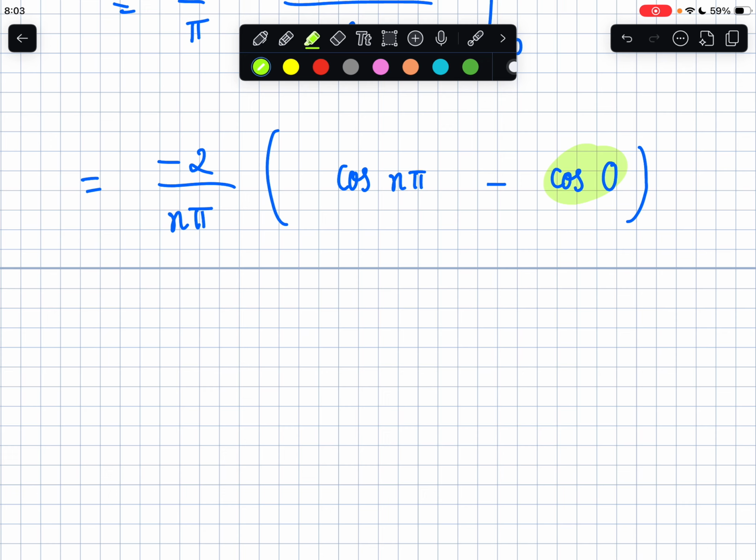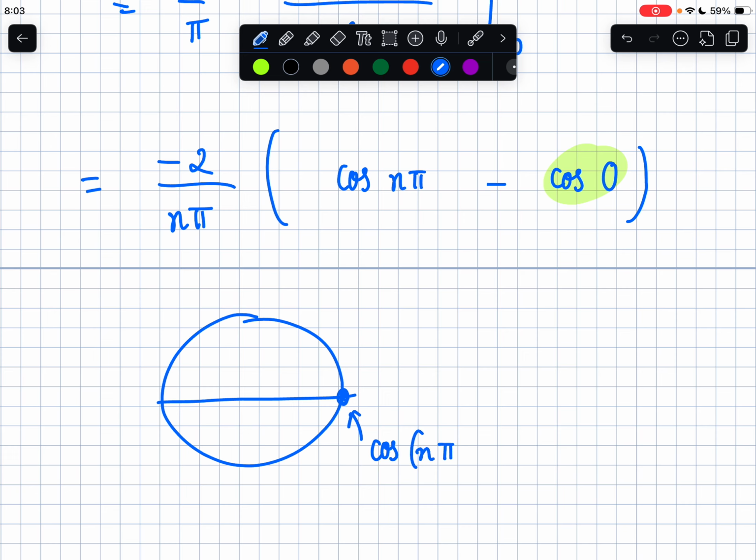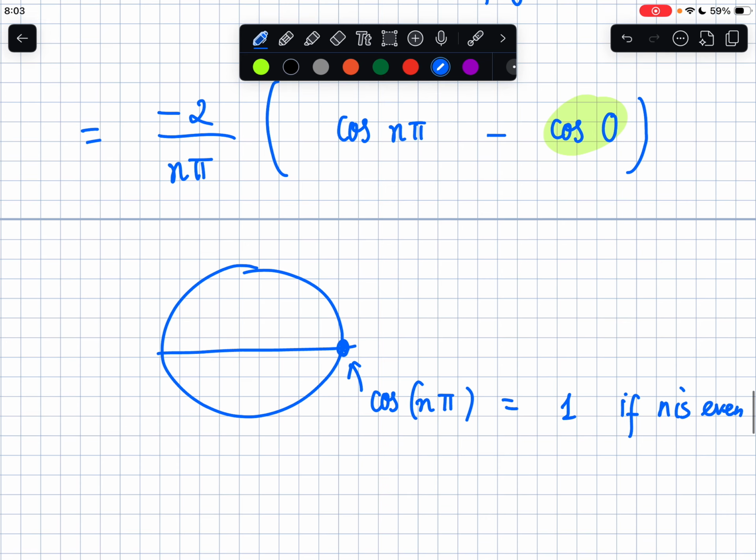Cosine 0 is always 1. Cosine n pi equals 1 if n is even, and minus 1 if n is odd.